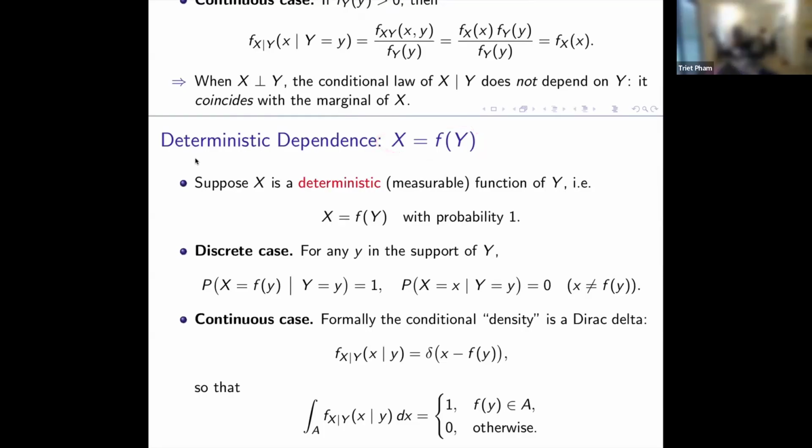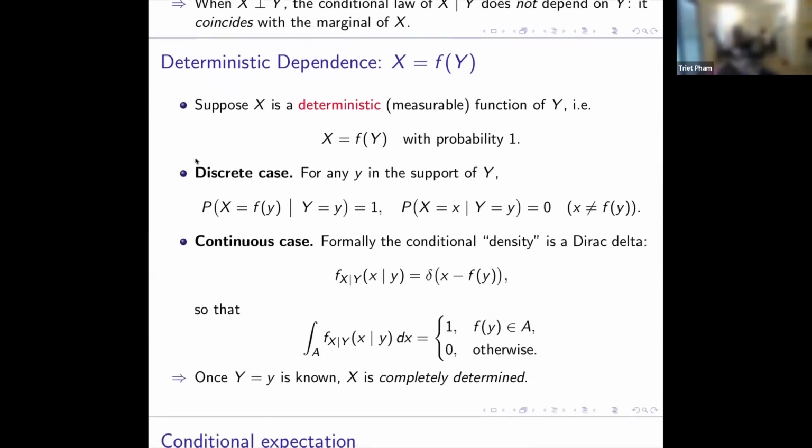Why? Because if they are totally dependent, then conditioning doesn't do anything. It's either 1 or 0. Basically, if X is a function of Y as a random variable, then knowing Y means that you must know X, period. So nothing to talk about really.